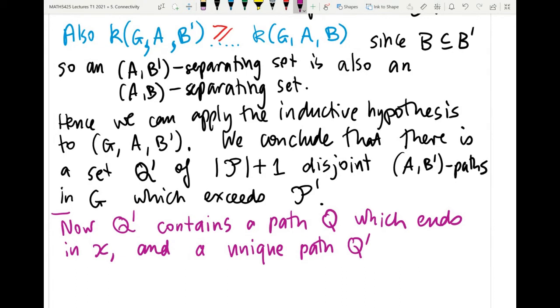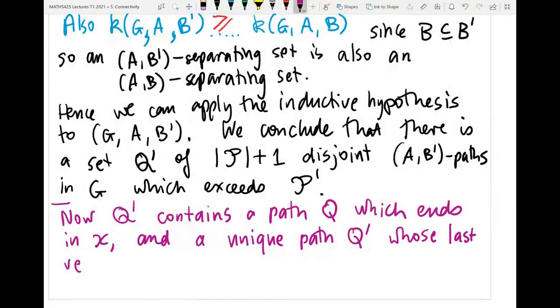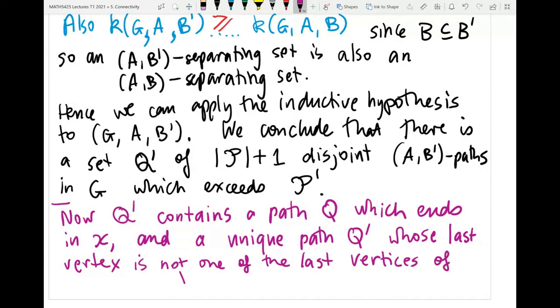A unique path Q primed whose last vertex, the one in B primed, is not one of the last vertices of the paths in curly P primed. Okay, this is the path that's giving you something new in the set B primed. We're calling that Q primed.